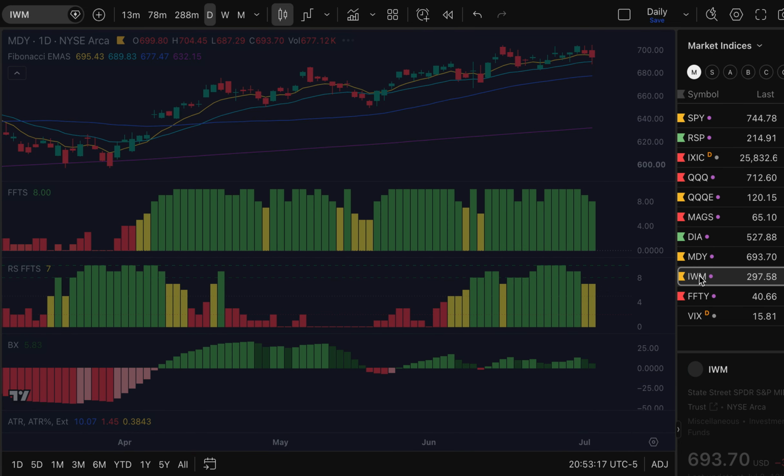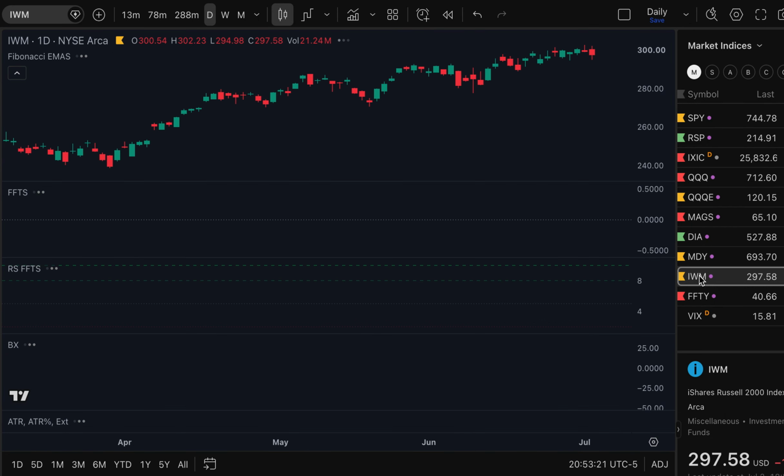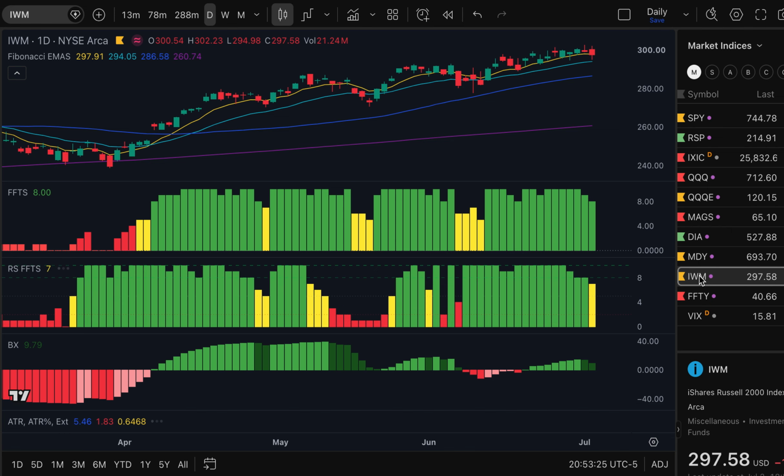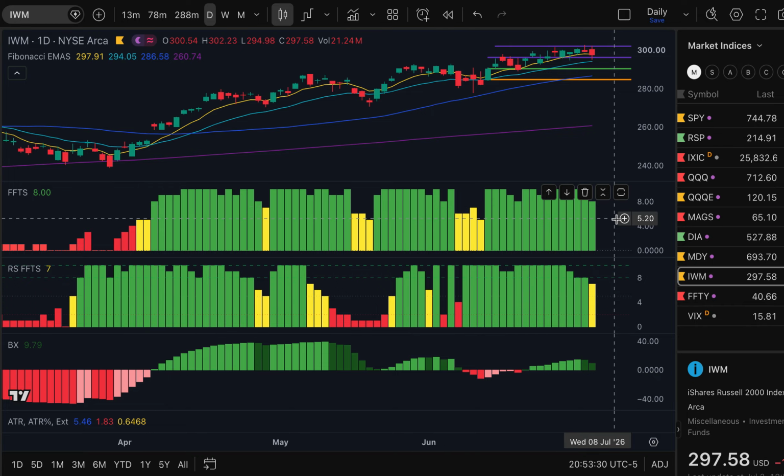The Russell 2000, IWM, small caps. Trend stack 8 out of 10. Relative strength trend stack just a little weaker at 7 out of 10. And momentum is positive but fading.